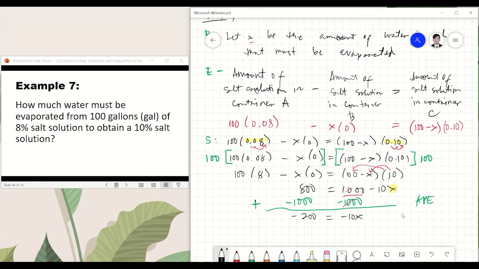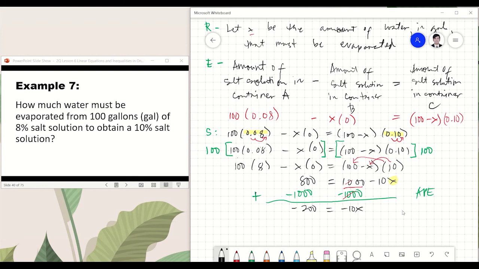Then hindi pa isolated si x kasi meron pang coefficient na negative 10. So para maging 1 siya, kasi kailangan natin siyang maging 1x, we need to multiply the reciprocal of negative 10, which is negative 1 over 10. So kung ano yung gagawin natin sa right side, gagawin din natin sa left side.